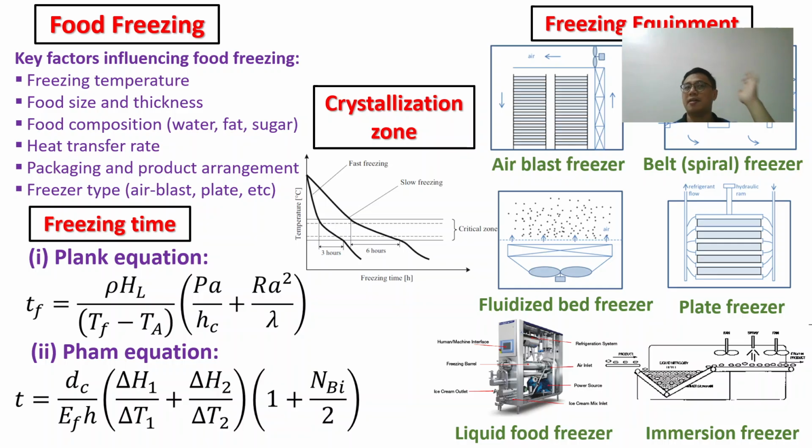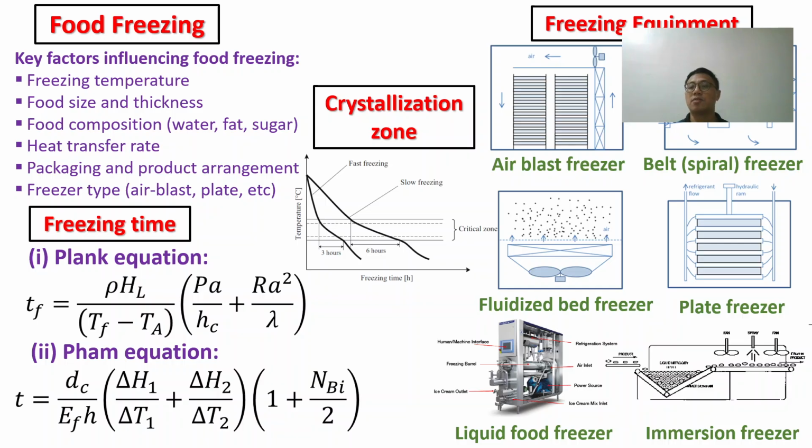We can have fruits and vegetables, one piece by one piece, delivered through the conveyor, and then they are soaked inside the liquid refrigerant. When the liquid refrigerant is in contact with the product, the refrigerant will absorb heat from the product and convert to vapor. So the product will lose its heat, become cold and become frozen. This way we can make sure every piece is frozen properly.